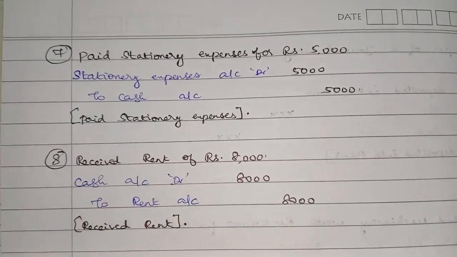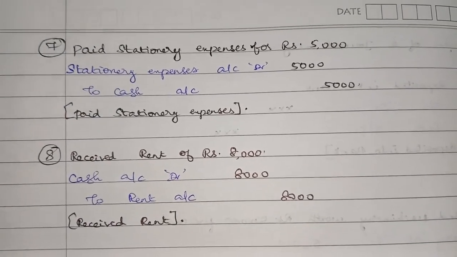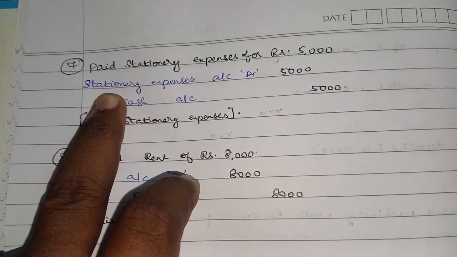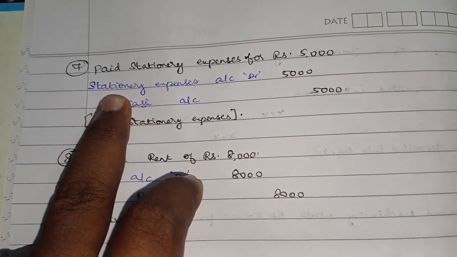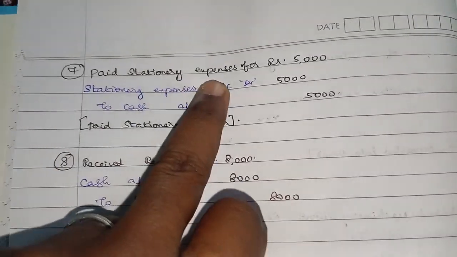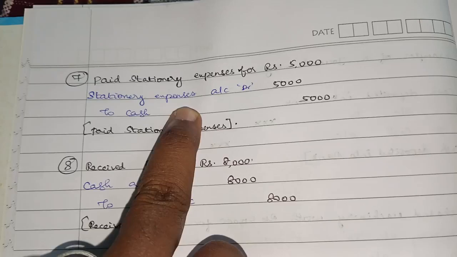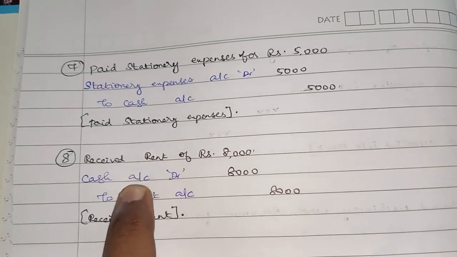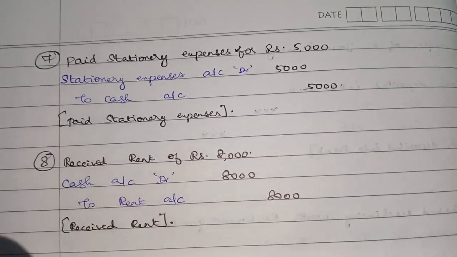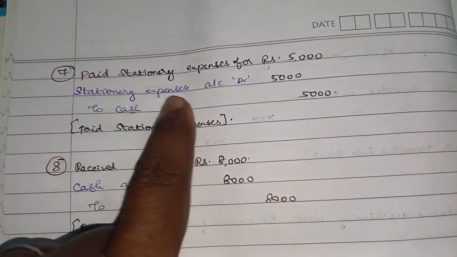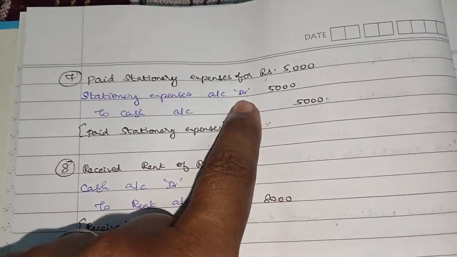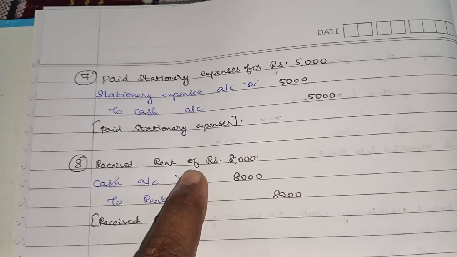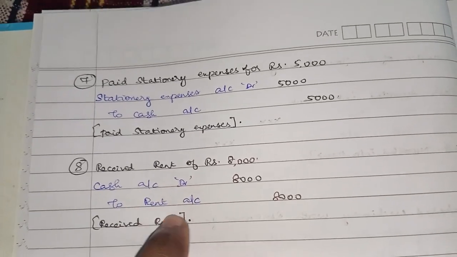I'll be discussing the golden rules of accounting after this video, but you just understand this concept. Whenever the transaction is mentioning expenses, it should be debited. Whenever a transaction is mentioning income, it should be credited. Simple logic. So stationery expenses account debited to cash account since it is an expense. Rent is an income, so cash account debit to rent account.